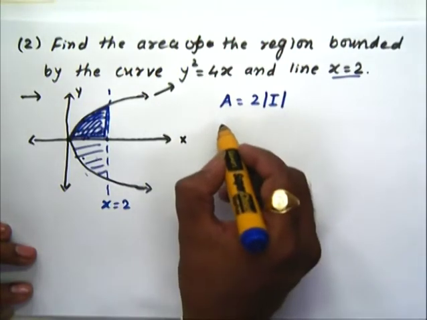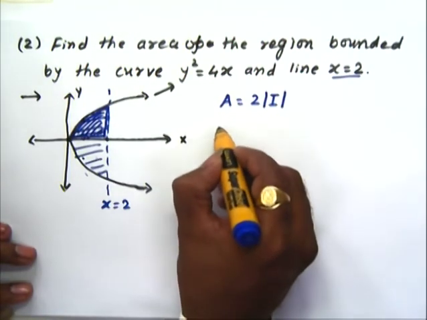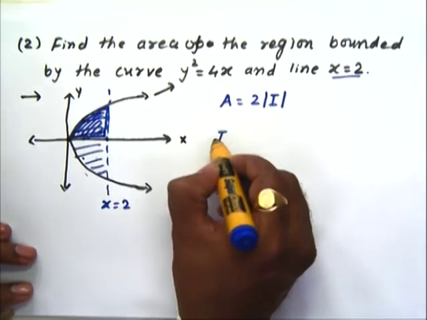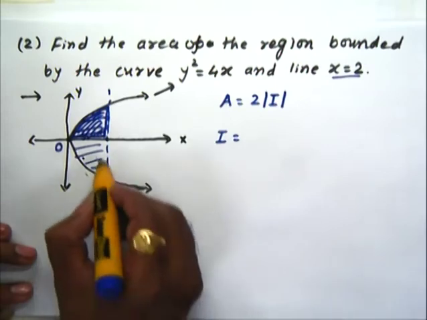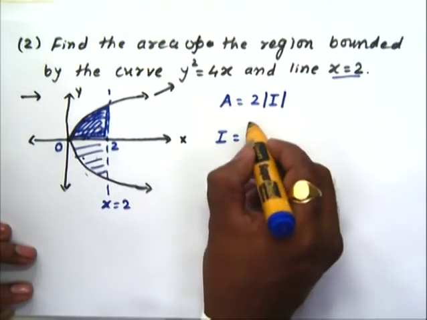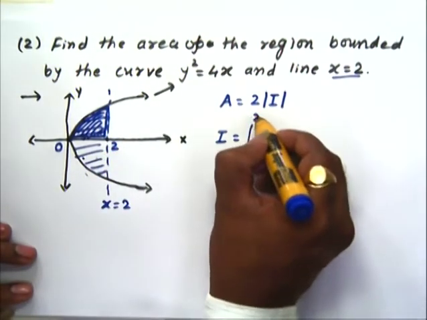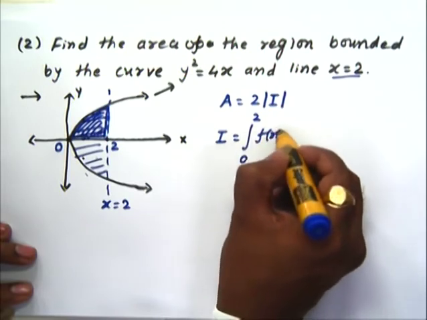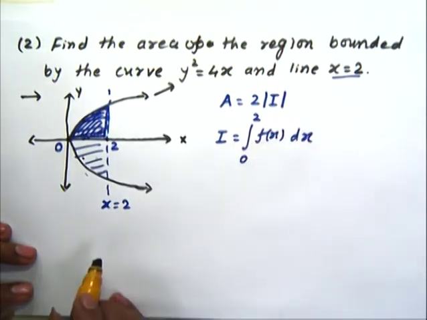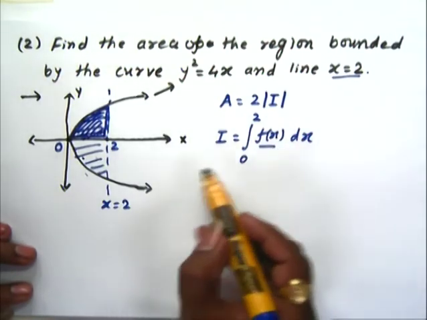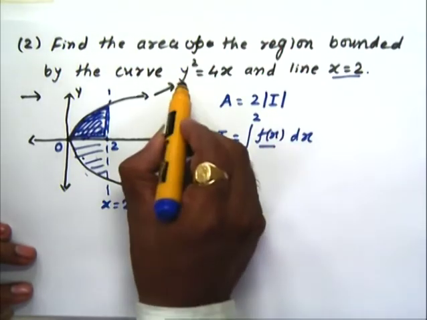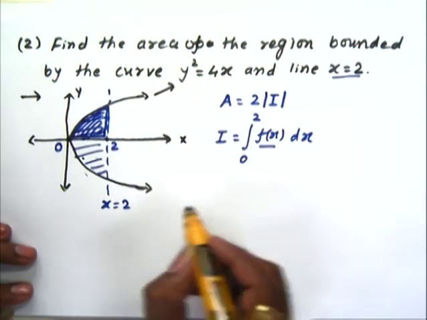Now what is I? I is equal to, this is 0 and this is 2. So integration 0 to 2 f(x) dx. But first of all we have to find f(x). What is f(x)? f(x) is y, but here we have given y square equal to 4x.